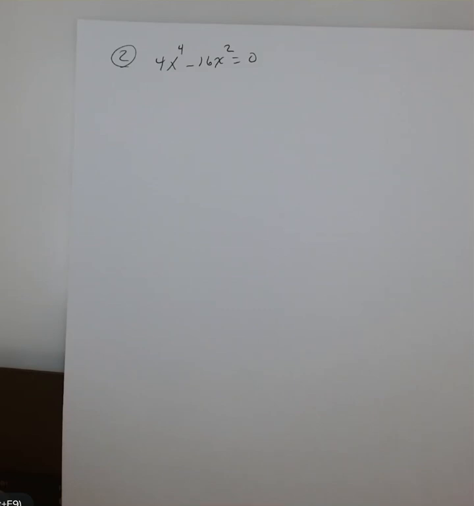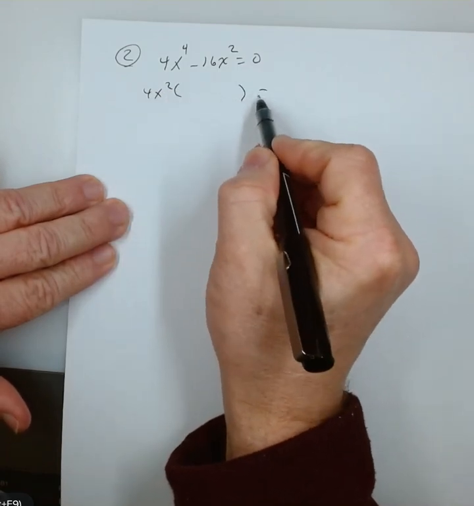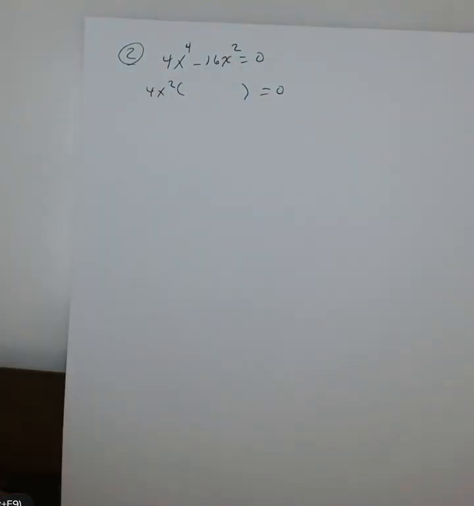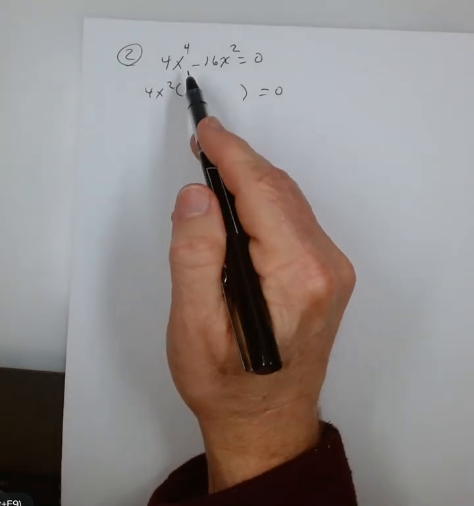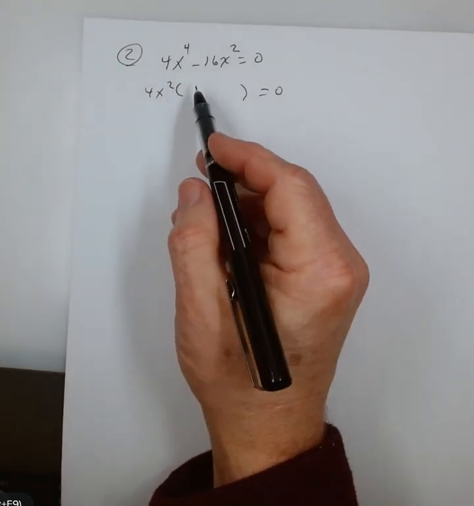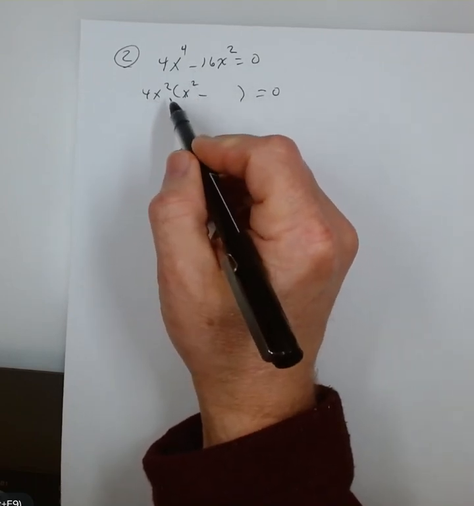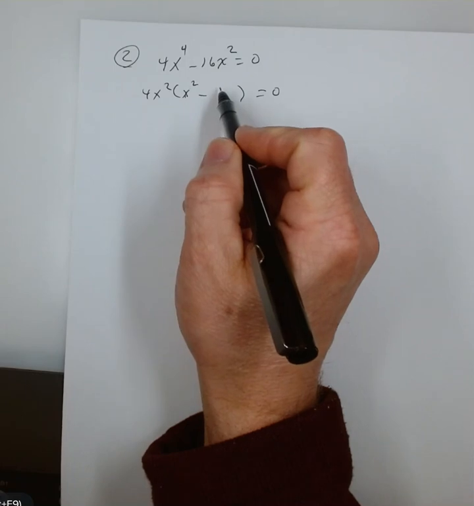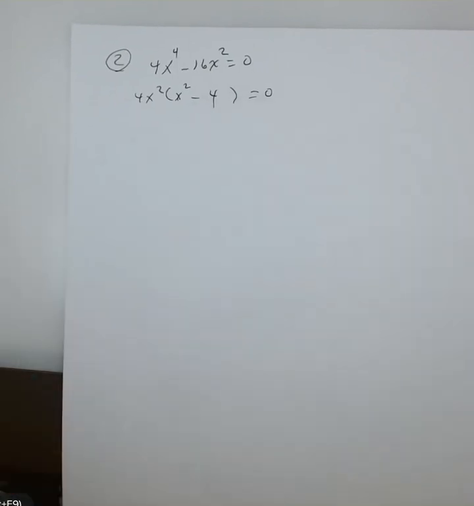So I'm going to factor out a 4x squared. So 4x squared times, and that's going to be equal to 0. 4x squared times what is 4x to the 4th? X squared. Minus 4x squared times what is a negative 16x squared? Minus 4. So that's where I'm at.